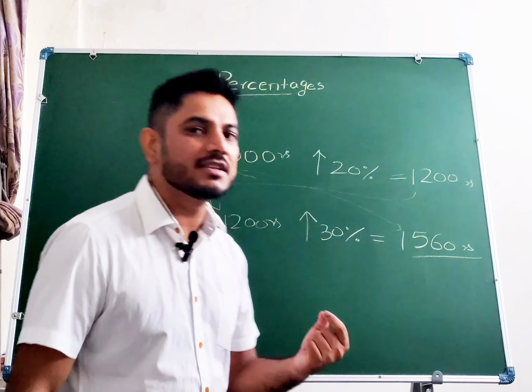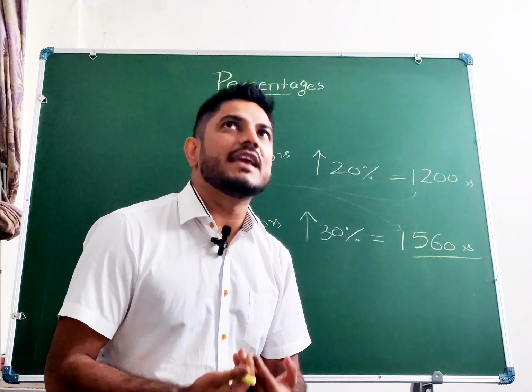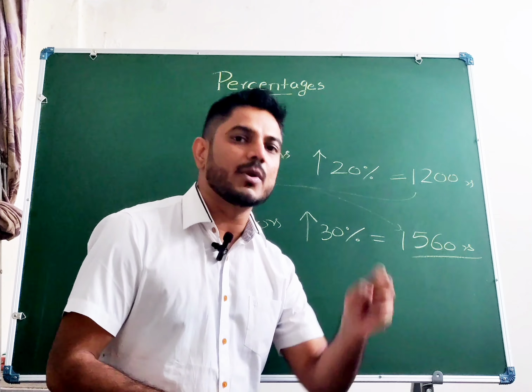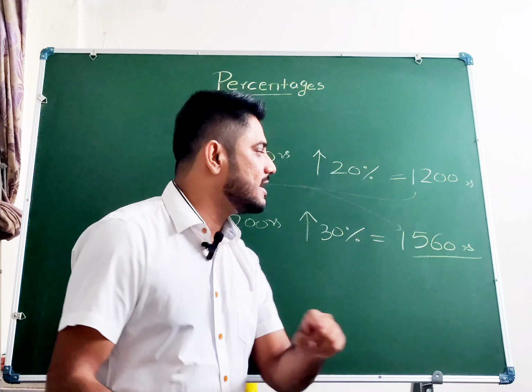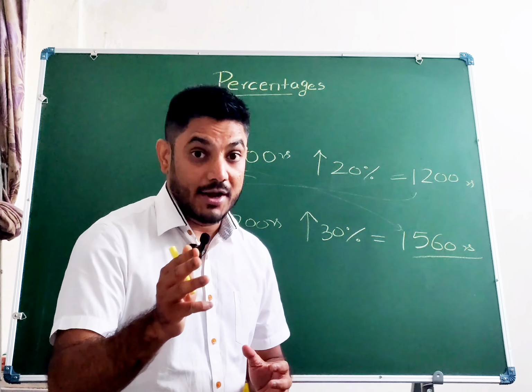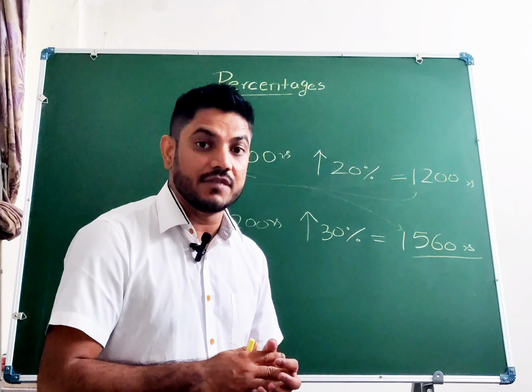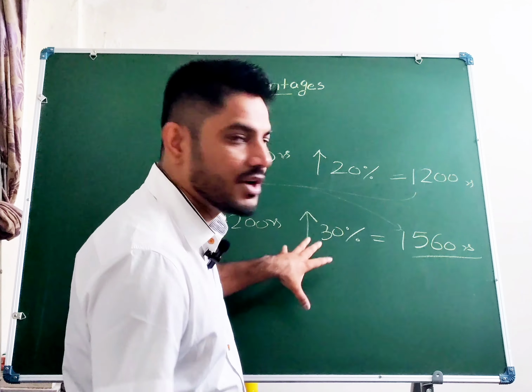That 560 rupees is 56% of 1000. So instead of saying increase an amount by 20% and then again by 30% successively, I could have directly said increase the amount by 56%. But mind you, 30 and 20, it is not 50, it is 56.